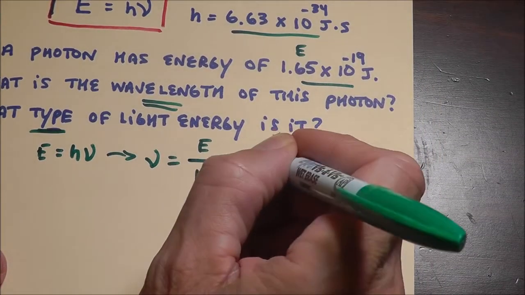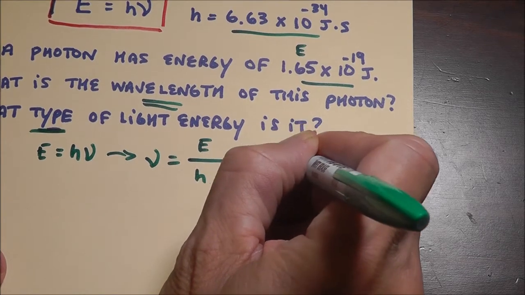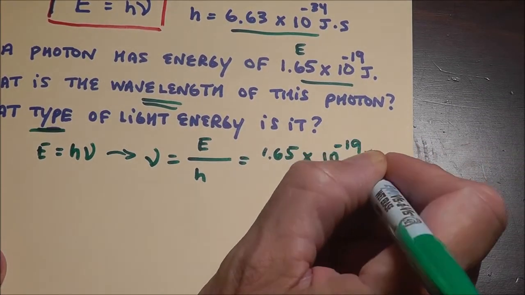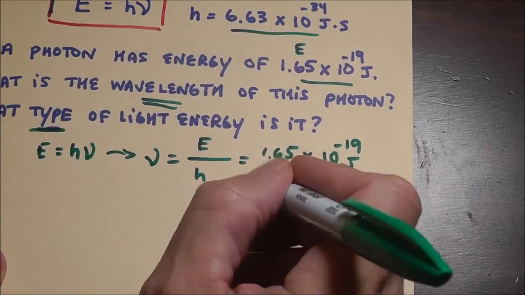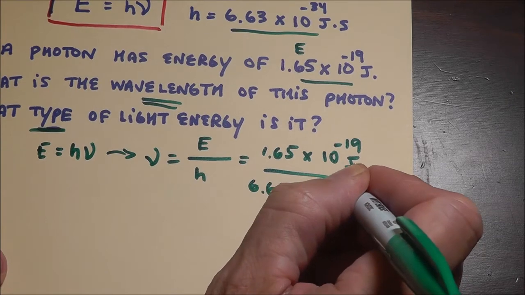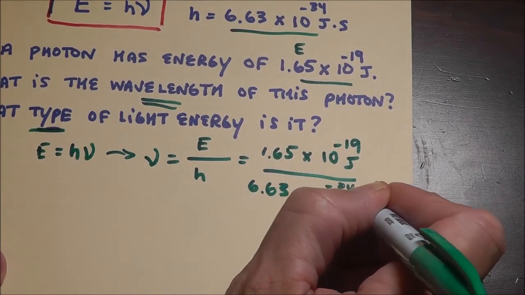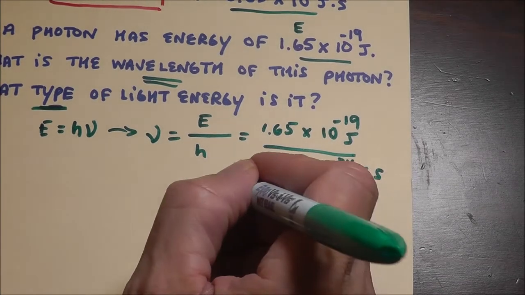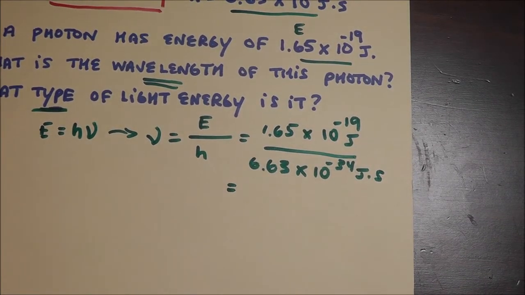And then I should have the right units. That'll keep you straight. So 1.65 times 10 to the minus 19 joules divided by Planck's constant, 6.63 times 10 to the minus 34 joules times seconds. And I can tell I'm doing the right thing because I have the proper units of 1 over second.